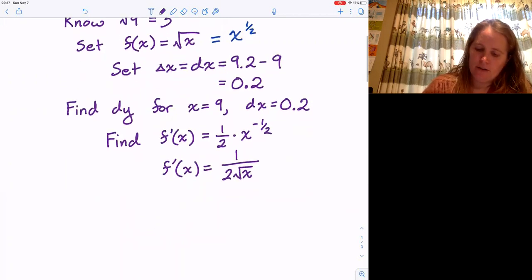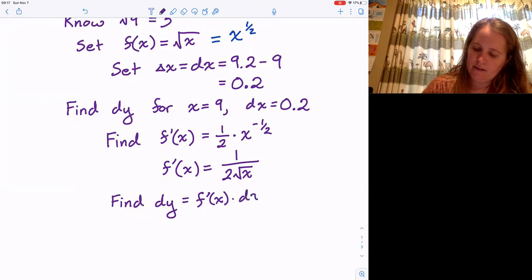So we have the generic formula for dy is f prime of x times dx, or 1 over 2 times the square root of x, times dx.